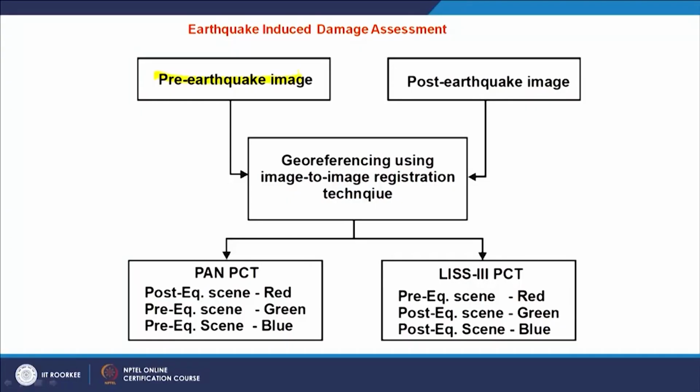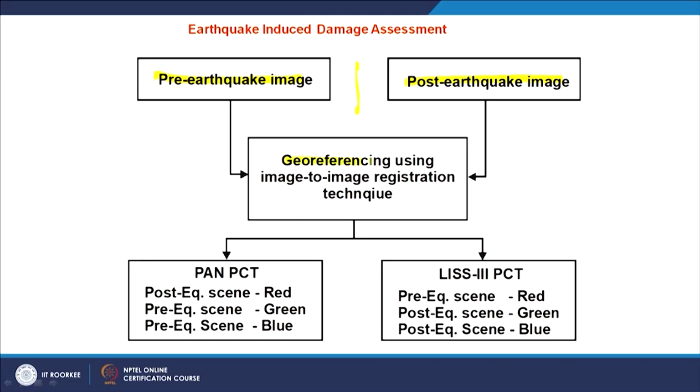So it is almost the same technique with a little variation: the pre-earthquake image was taken and the post-earthquake image was taken from the same sensor, having a time difference, and in between we have an earthquake event.